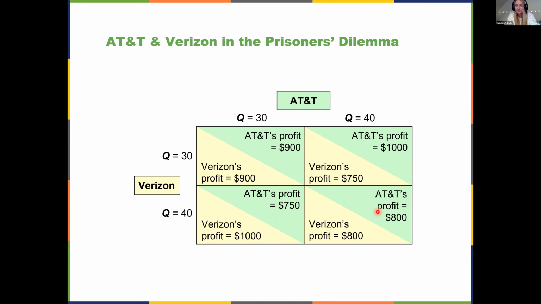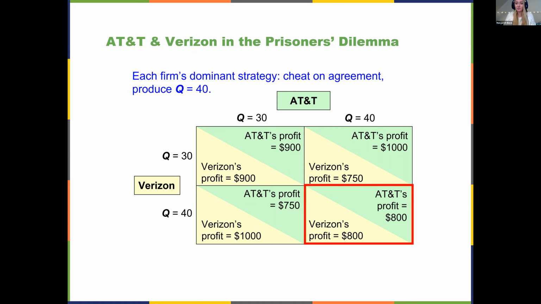So again, even though both would be better off if they stuck to the agreement, there's this desire for both of them to want to cheat, because there's this possibility that the other is also going to cheat on the agreement. In this situation, each firm's dominant strategy is to cheat on this monopoly agreement.